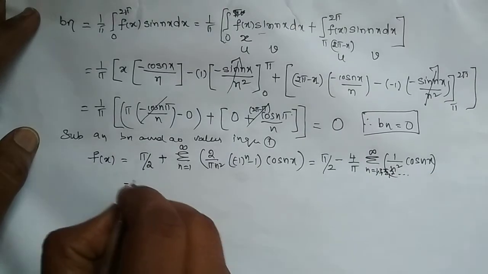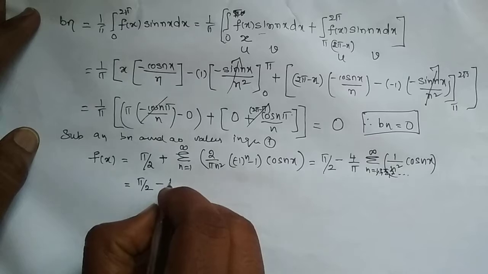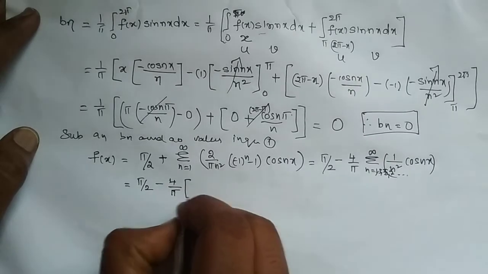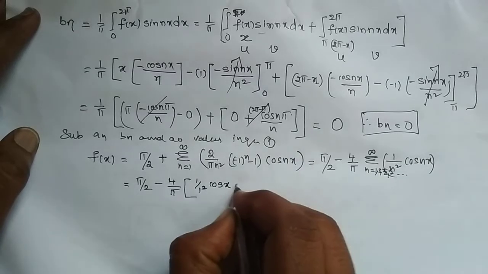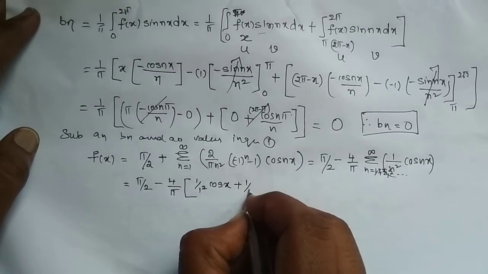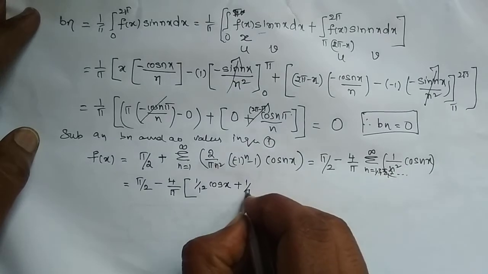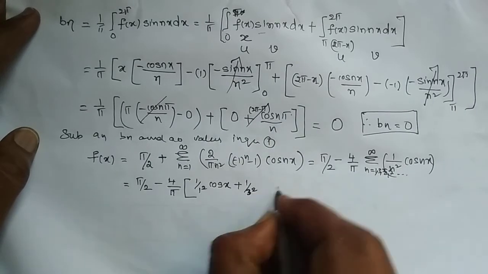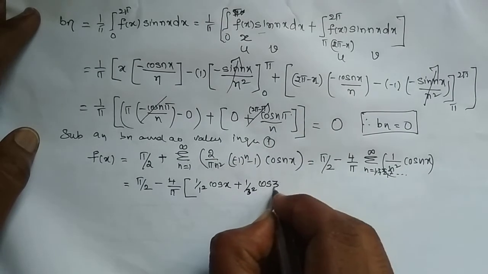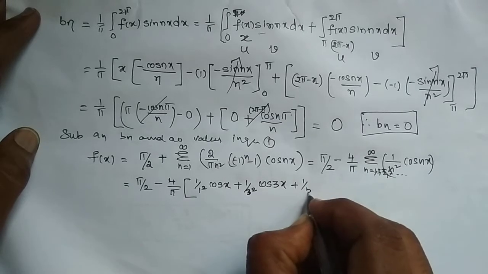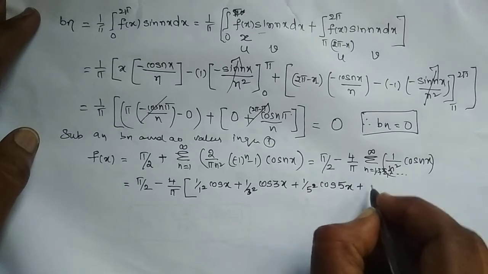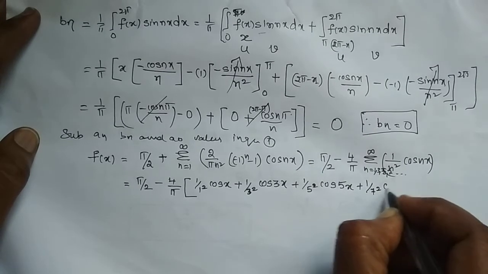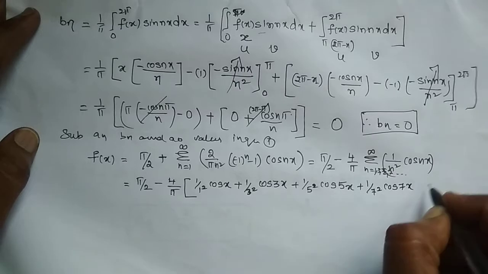So it can be written as pi by 2 minus 4 by pi into 1 by 1 square cos x, plus 1 by 3 square cos 3x, plus 1 by 5 square cos 5x, plus 1 by 7 square cos 7x, plus and so on.